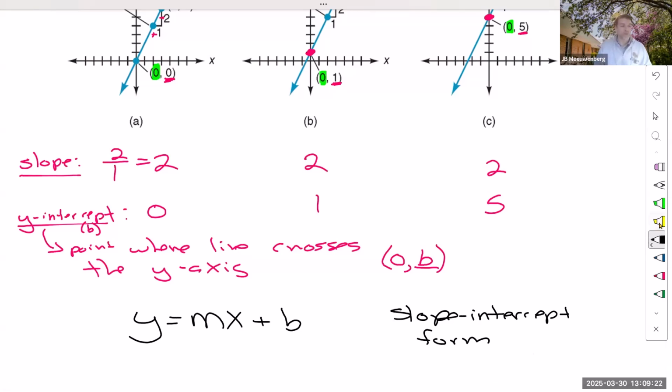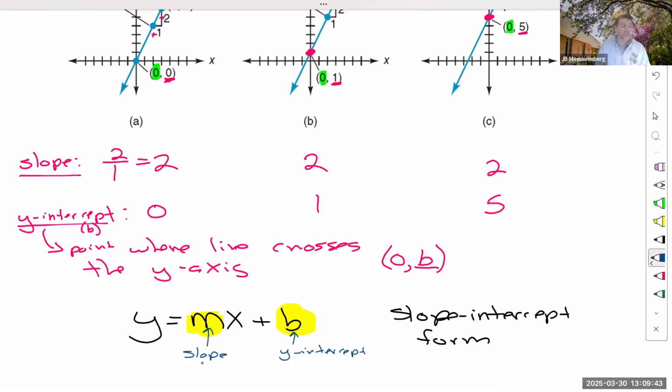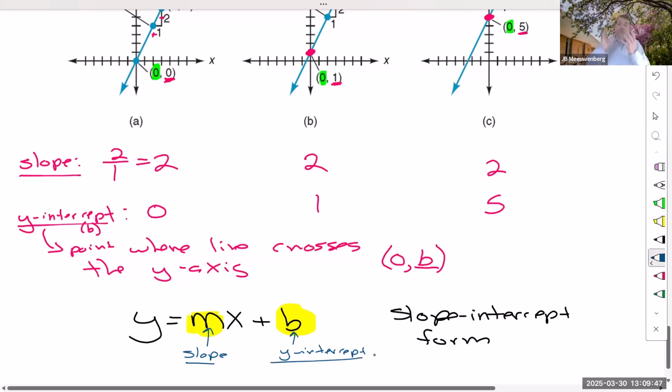You should recognize the m and the b because we've already talked about them. M represents the slope of the line, and b is that y-intercept. So if you know a line's slope and its y-intercept, you can then write its equation.